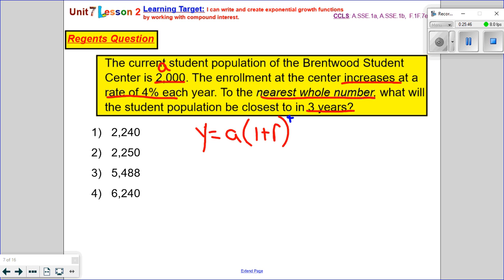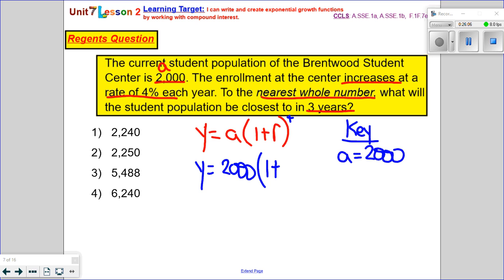All right, so, your key. A is 2,000. We said that's the initial amount. y equals 2,000 times 1 plus the rate, 4%. Decimals at the end of the number, so 1.04.